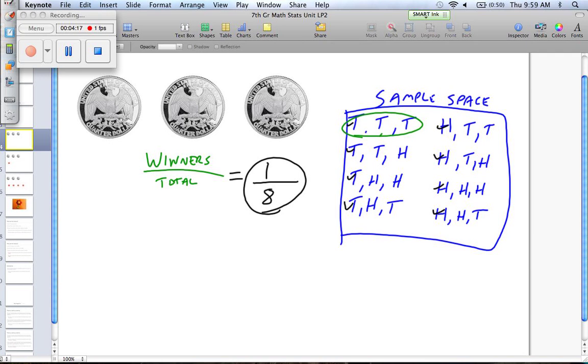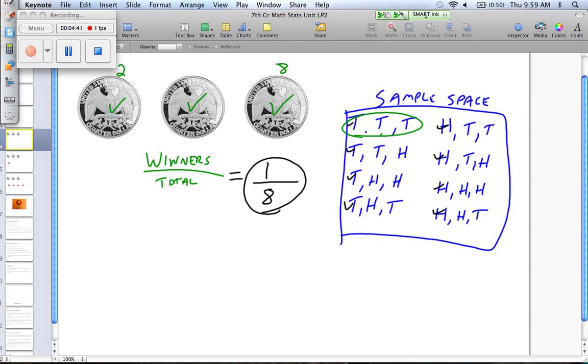Since we're dealing with multiple probabilities and our sample space is increasing exponentially, you noticed it went from 2 here all the way up to 8 here, what we're going to do is simply multiply the probabilities of each event. And we'll see if we get the same answer.